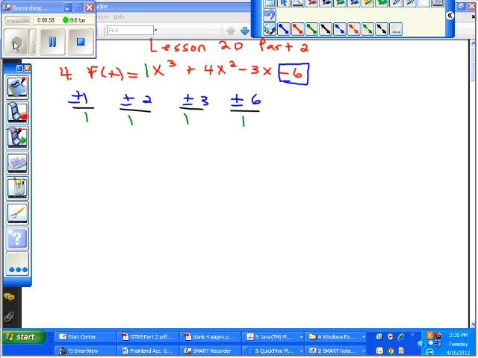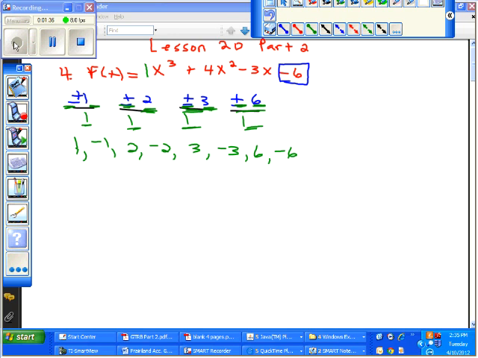Only one choice. And so my possible factors are positive 1 over 1 or negative 1 over 1, which is negative 1. Positive 2 over 1, negative 2 over 1, positive 3 over 1, negative 3 over 1, positive 6 over 1, and negative 6 over 1.